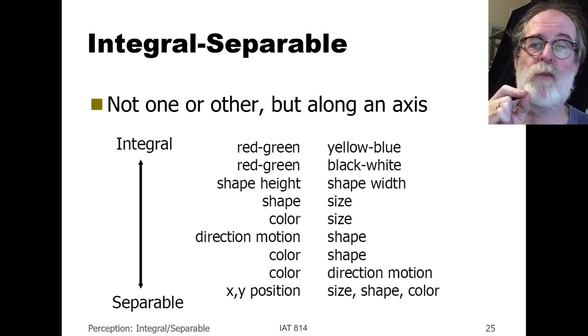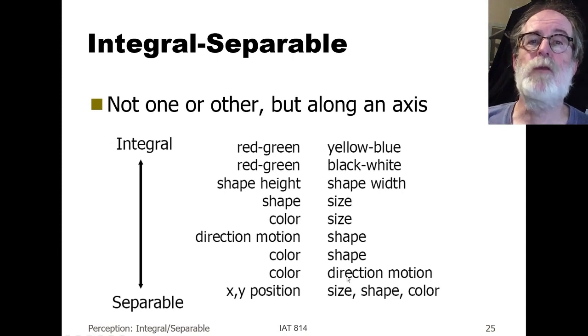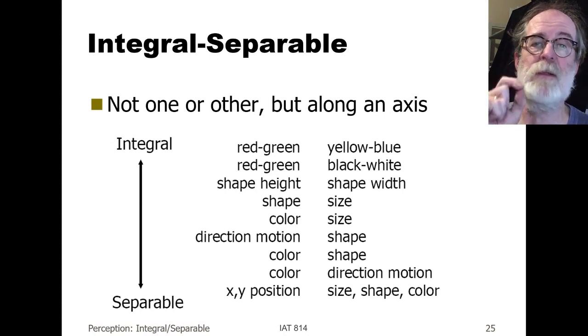You don't mix those things together. Another thing that is separable is the color of something and its direction of motion. You can easily tell that the direction of motion is a different thing than the color of it. Similarly, color and shape are separable, and the direction of motion and shape are separable. But as we're going up this scale, we're getting closer and closer to things that are integral.